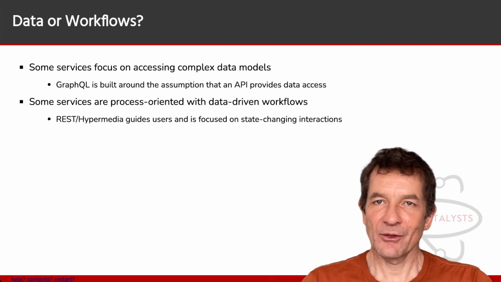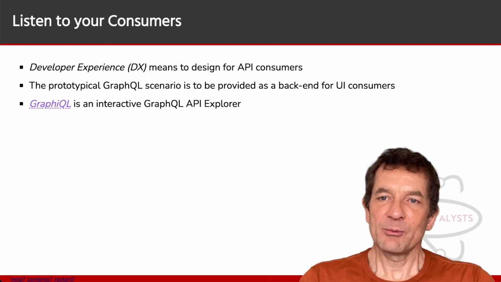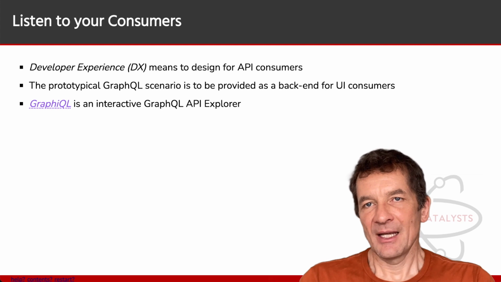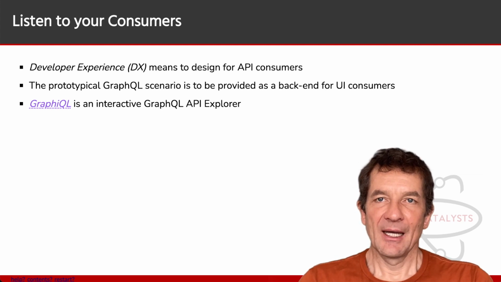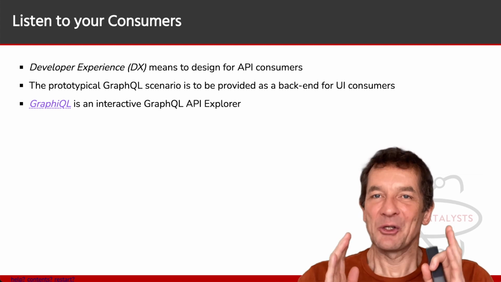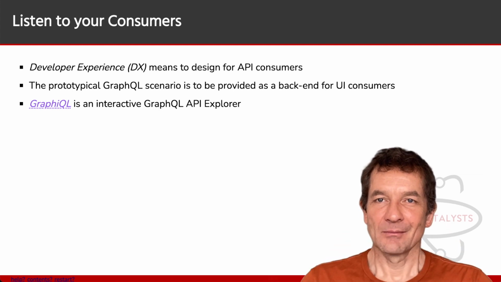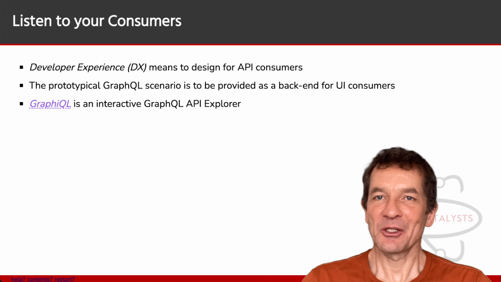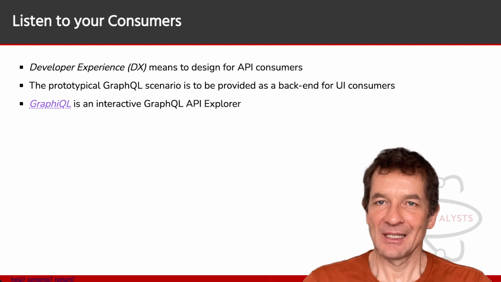Let's move on to our third point. The third point is saying that whenever you build an API, the number one goal of each API is to be consumed. Building an API that is not consumed doesn't make any sense.